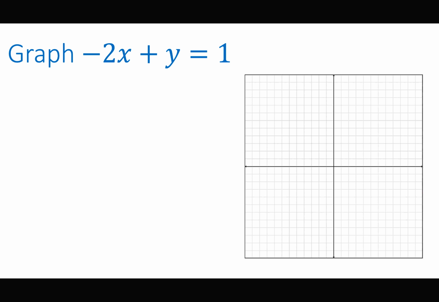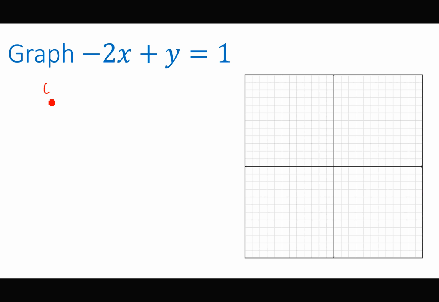Let's actually do some graphing. So if I want to graph negative 2x plus y equals 1. Well, the easiest thing to do is put it in slope-intercept form, because then I can figure out what the y-intercept is, and I can recognize what the slope is, and I can graph from there.